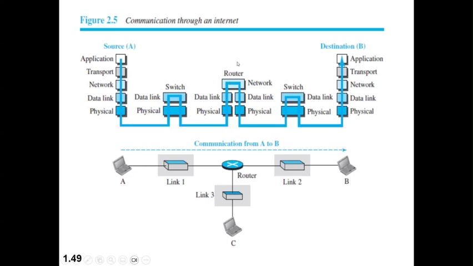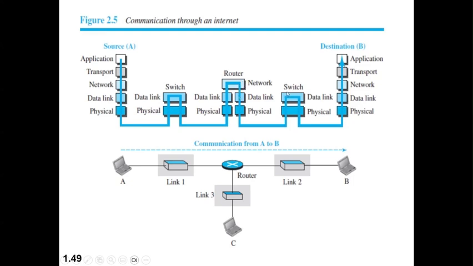See, why this router came into the picture is, I said source A is on one network, source B is on a different network. They may be in different countries. So I need a connecting device to connect two WANs. Router is that device. So the data goes to the router. So the router sees, okay, destination is B. Still the packet has to go further.